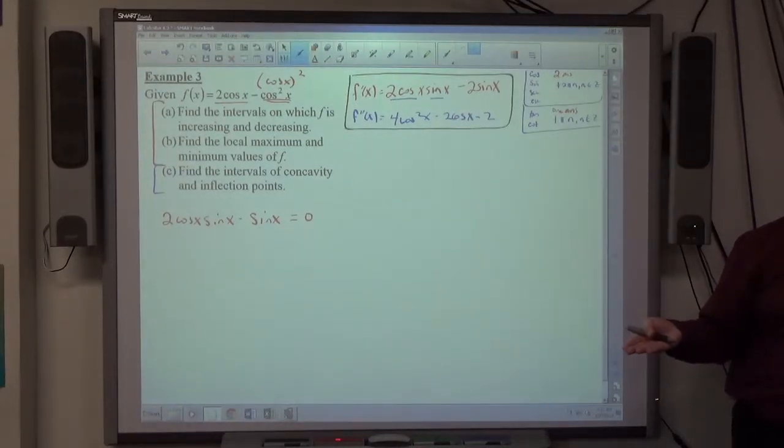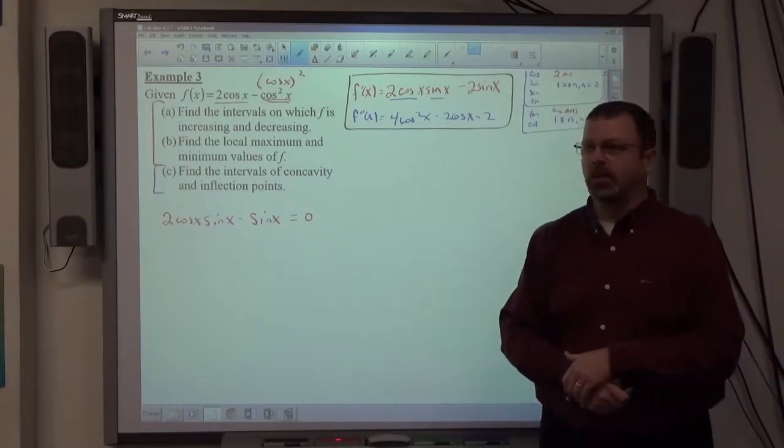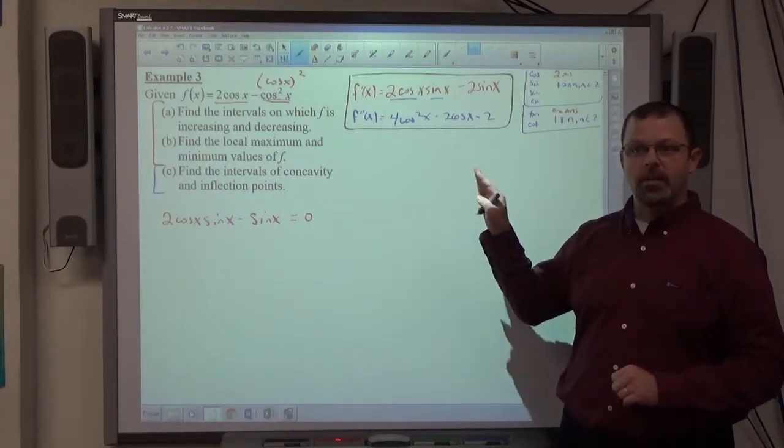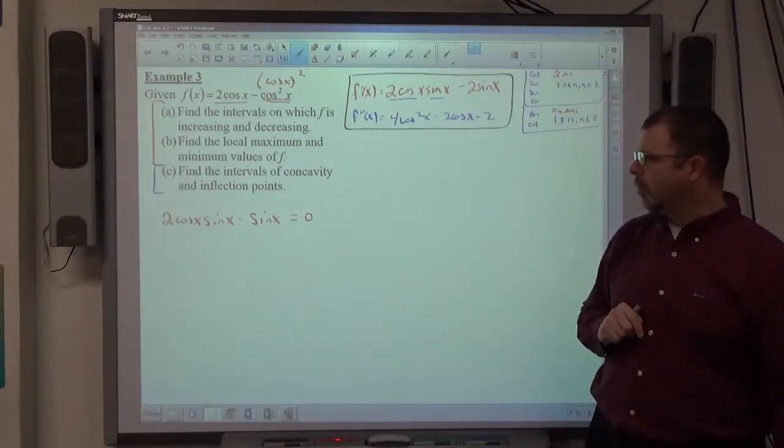Like tangent of pi over 2 is undefined. Cotangent of 0 is undefined. Secant of pi over 2 and cosecant of 0. And then, you know, every time the sine or cosine equals 0, either tangent or cotangent or secant, cosecant is undefined. All right, sine and cosine aren't undefined ever, so if you have those, all you have to do is do the equal 0 thing.